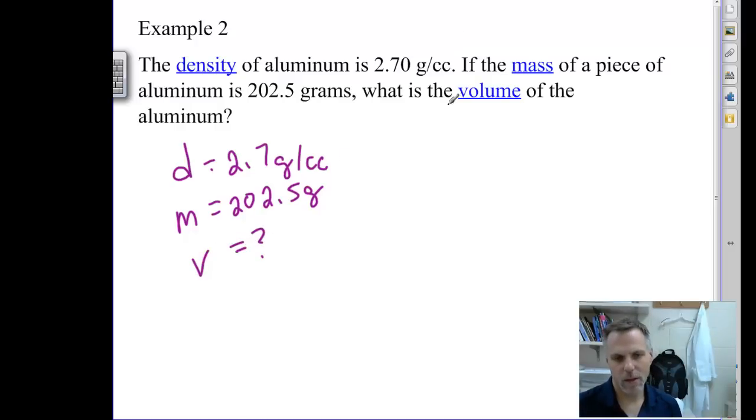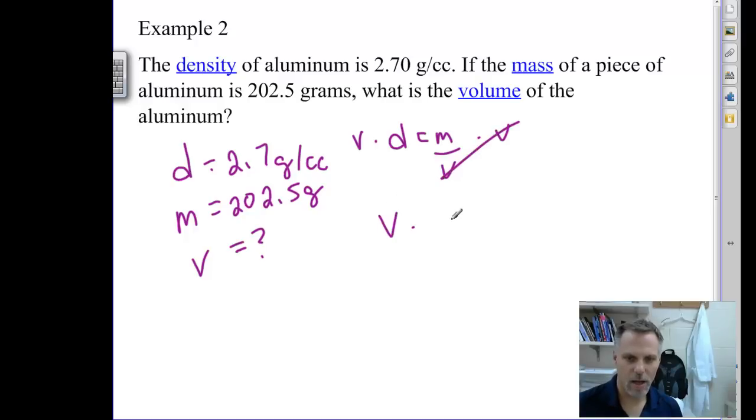Well, we know that density is mass divided by volume. We multiply both sides by V. So volume times density equals mass. We still want to get volume by itself, so we divide both sides by D, and we get volume equals mass divided by density. This is called our working equation.